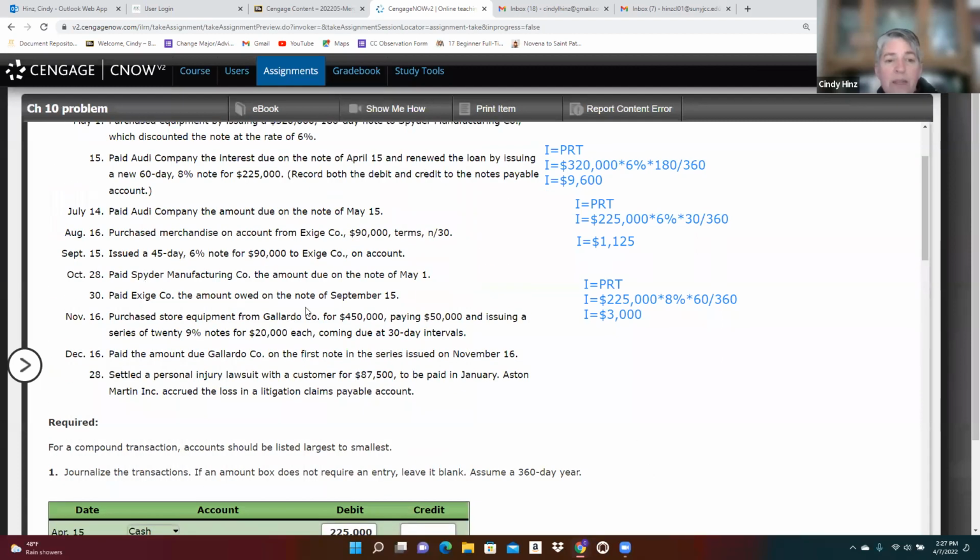On October 28th, then we're going to pay the amount that's due. And so we need to do another interest calculation. Lots of practice we're getting here with this simple interest formula.